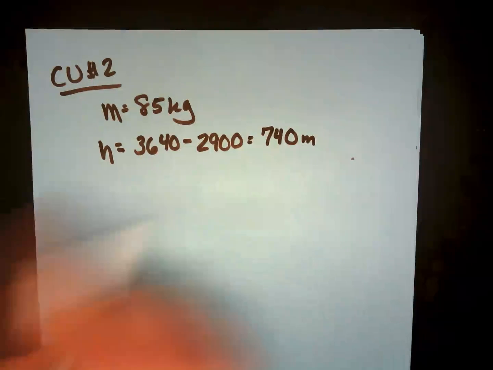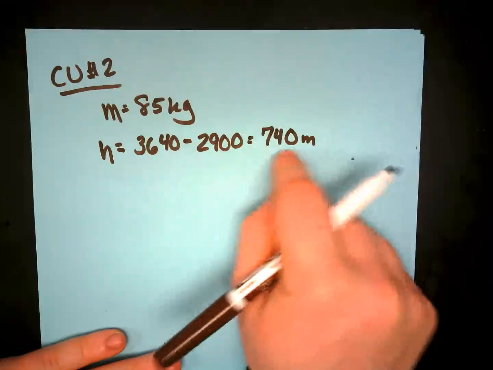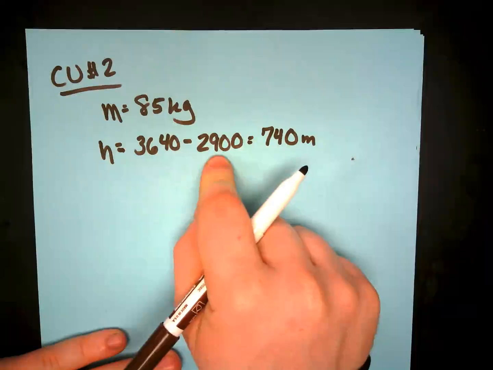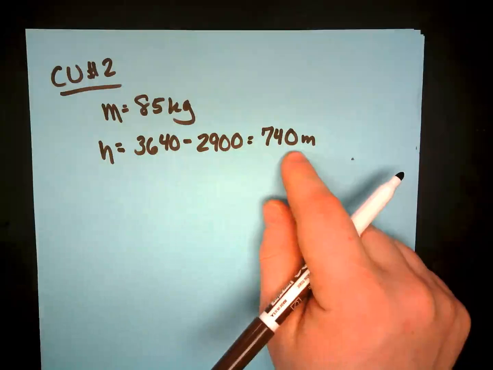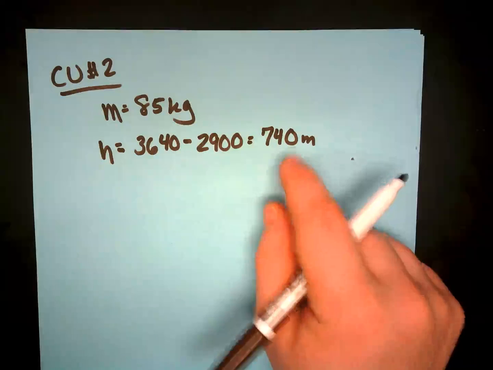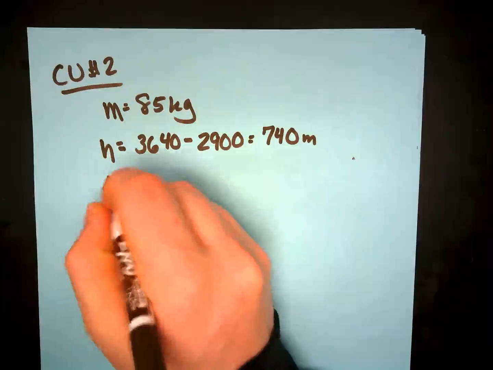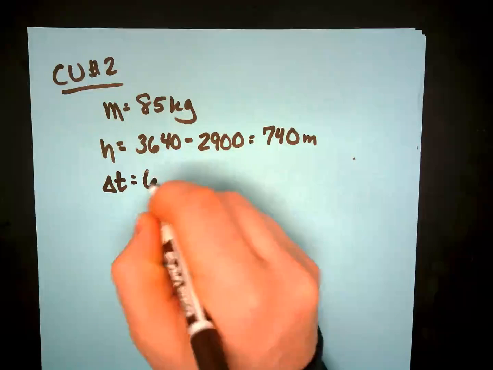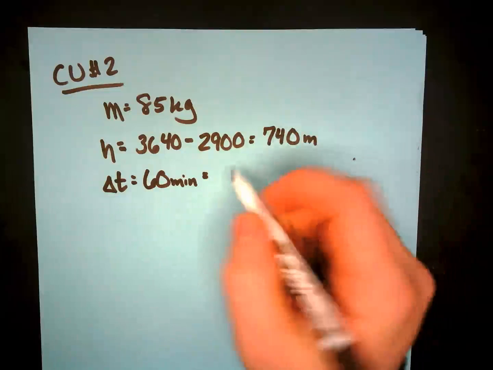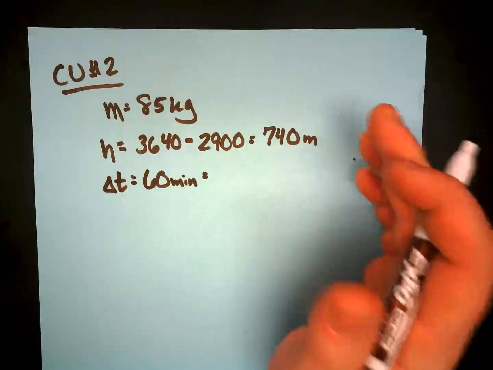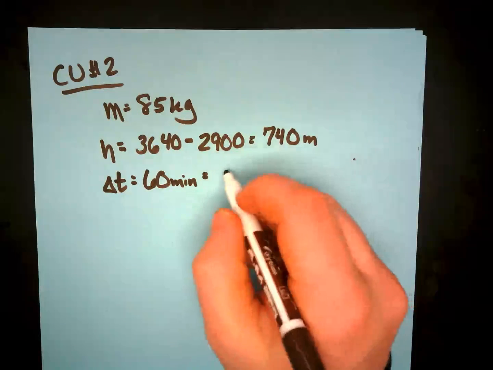So we don't want to use either one of these. We want to use this because we're starting here and ending here. We're climbing up, so we climbed up 740 meters specifically. So we've got our height, and we've got time: this guy did it in 60 minutes, which is 1 hour, but we need to change it to seconds because power is in seconds.